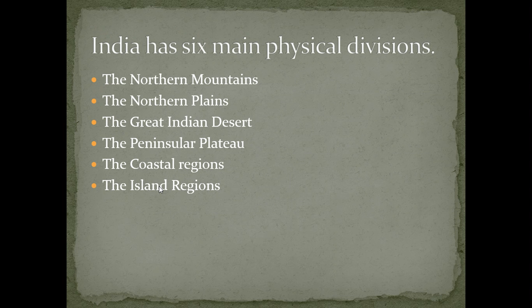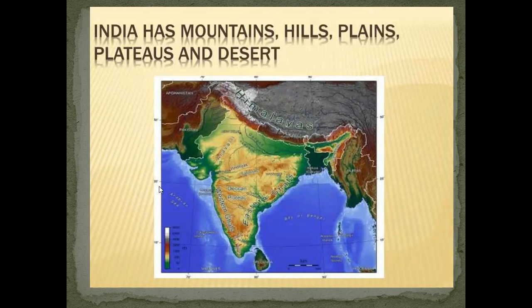Which are those? The first one is the northern mountains. We have already studied about these, and the next comes the northern plains. Next, the great Indian desert, the peninsular plateau, the coastal regions, and the island regions. Here you can see India has mountains, hills, plains, plateaus, and deserts.